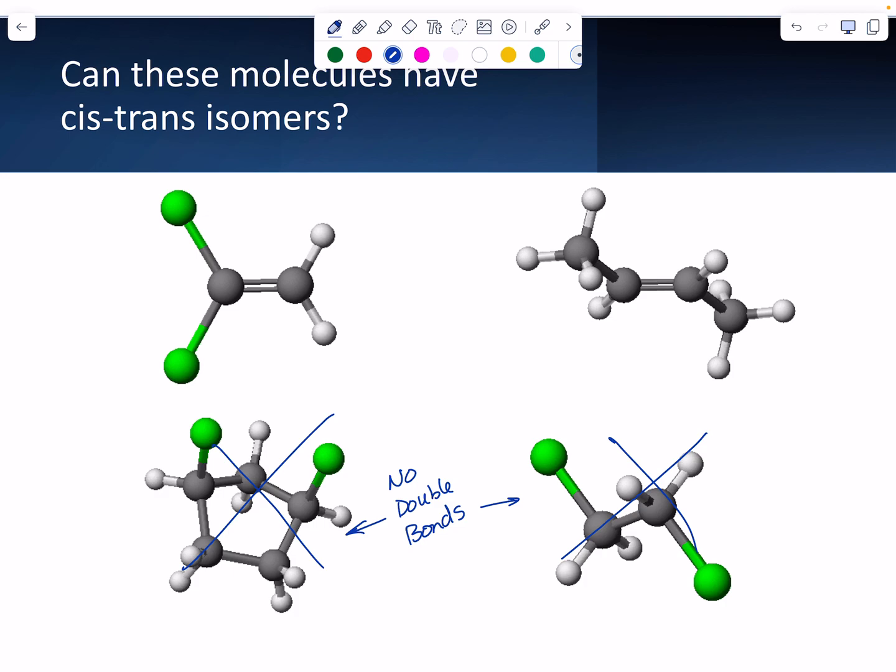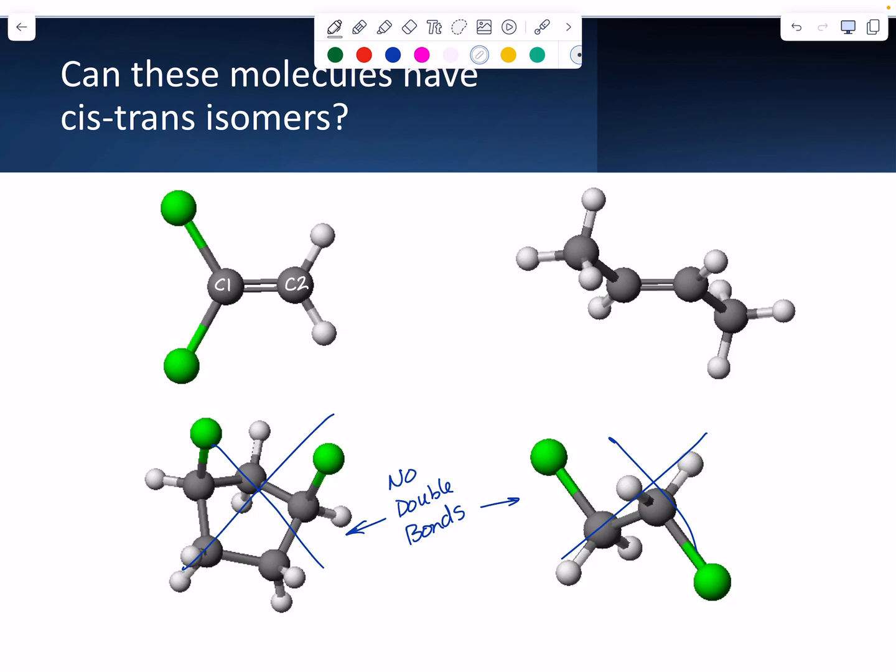Now remember, for cis versus trans, you have to have the same atoms connected; they're just going to be arranged differently in space. Let's look at the molecule on the left for a minute. I'm going to name my carbons: this one's carbon 1, and this is carbon 2.